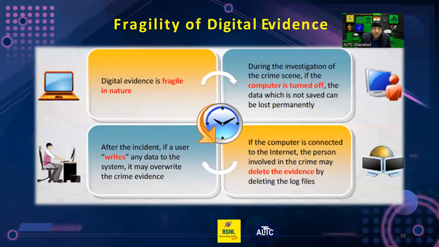Now, fragility of digital evidence. Digital evidence is fragile in nature by default. Second, during the investigation at the crime scene, if the computer is turned off, the data which is not saved can be lost permanently. After the incident, if a user writes any data to the system, it may overwrite the crime evidence.